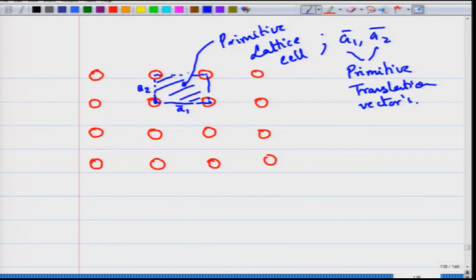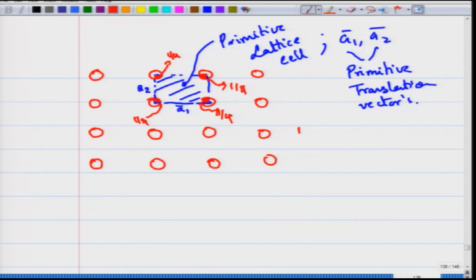Now, if you look at this primitive cell, you can see that out of each circle only a quarter actually belongs to it. So, this is one quarter, this is another quarter, this is another quarter, and this is another quarter.